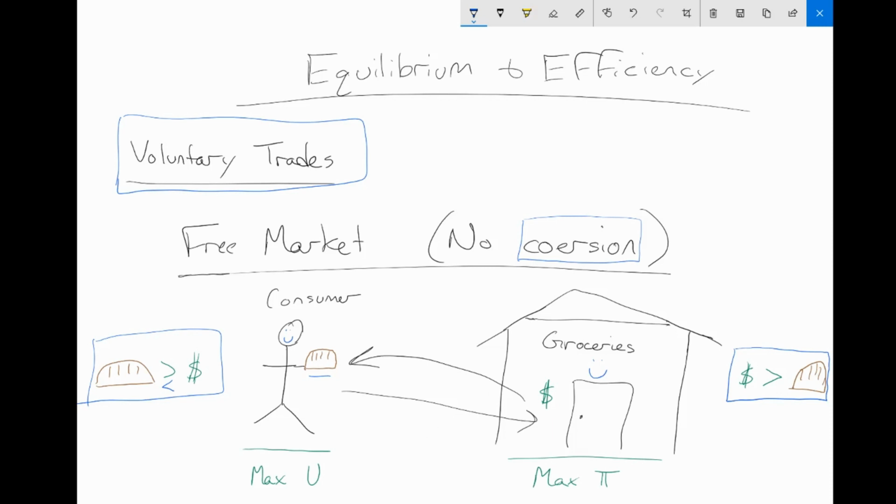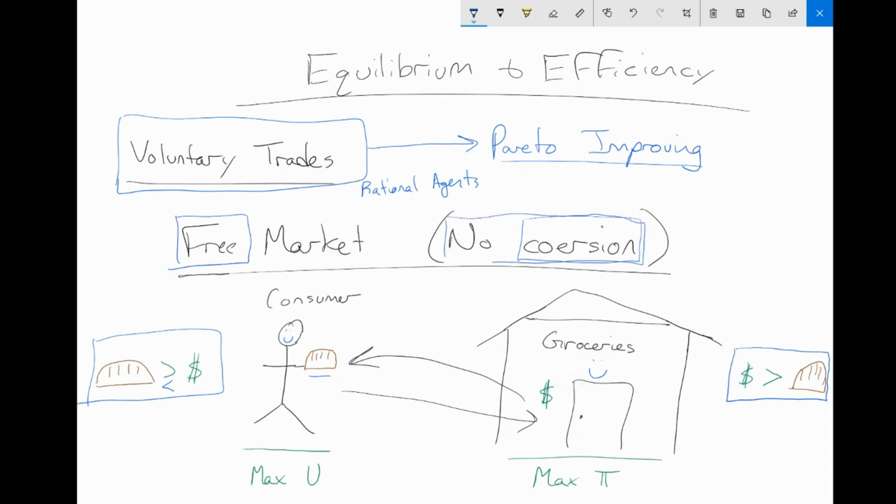Therefore, voluntary trades between rational agents are Pareto improving. And so if we have an economy, if we have a free economy with no coercion, then we have an economy filled with consumers and producers making voluntary trades.